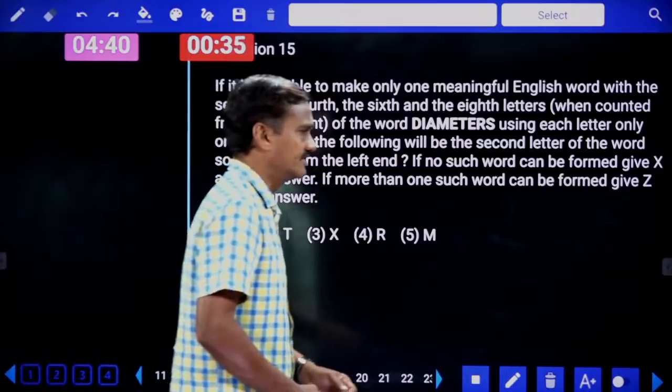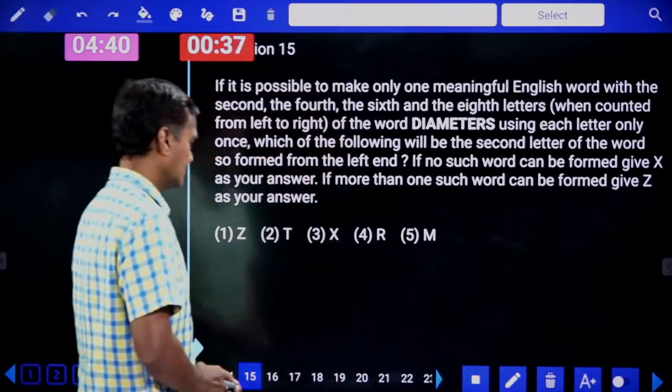Then question number 15. Any answer to this? Word formation.